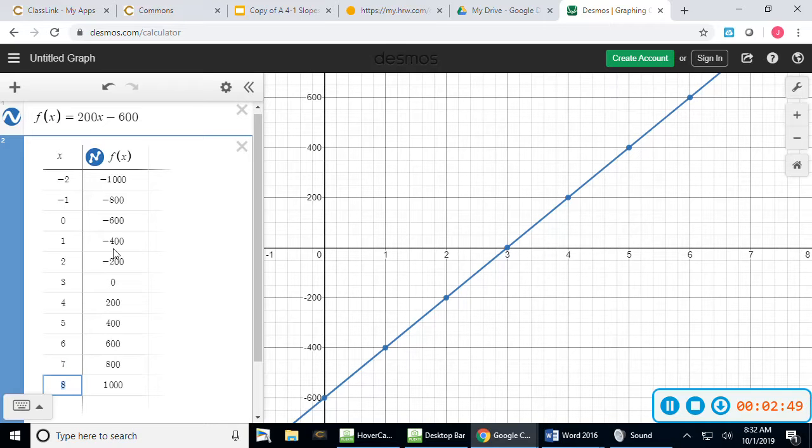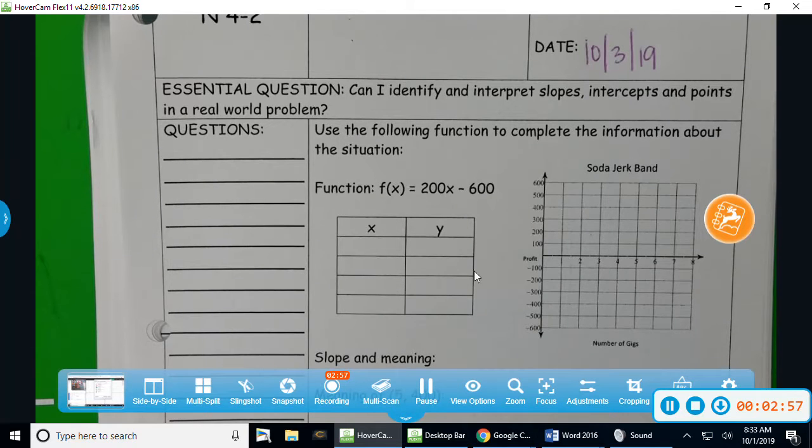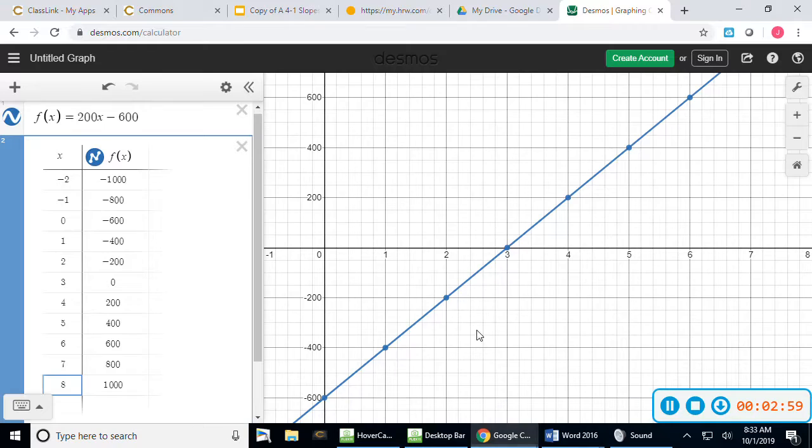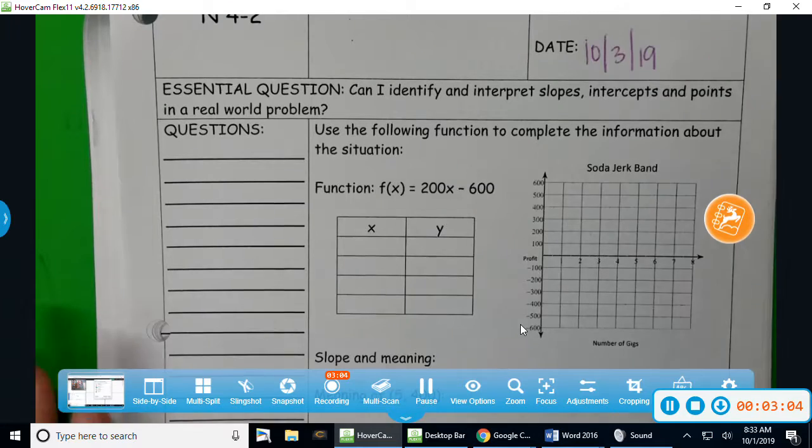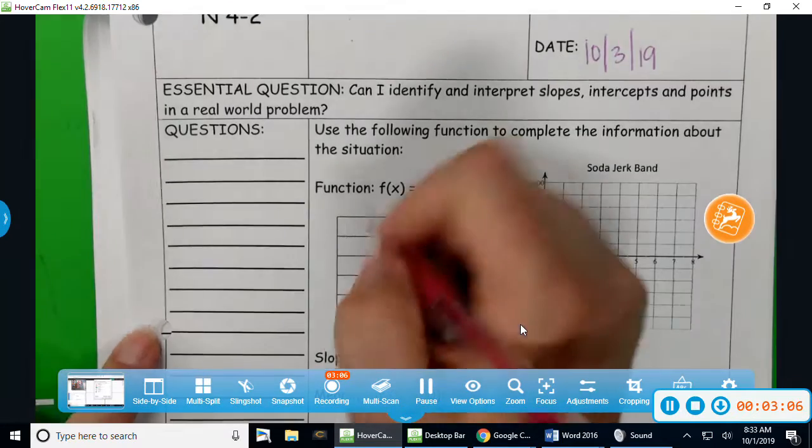I actually need my Desmos, so I'm going to slide this over to my other screen so that I can see it. I have 0, negative 600.